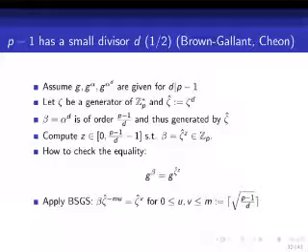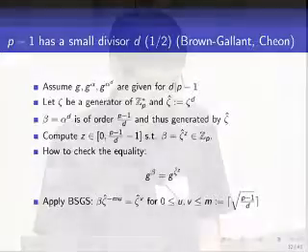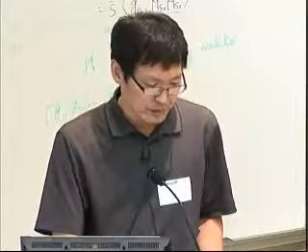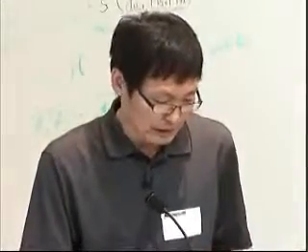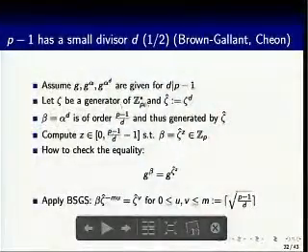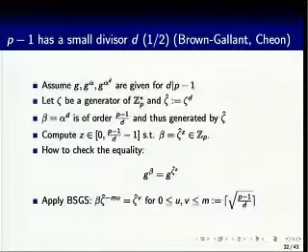And we apply this technique to the strong DL, but for the exponent only. Let zeta be a generator of Z_p star. The point here is we work on the exponent rather than the group itself.